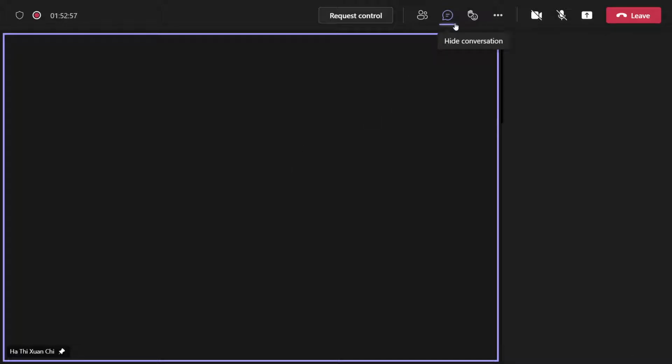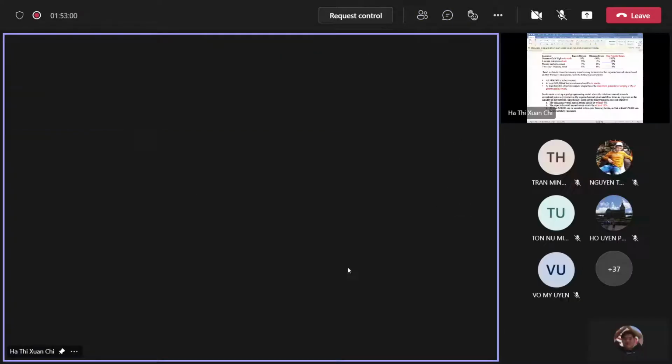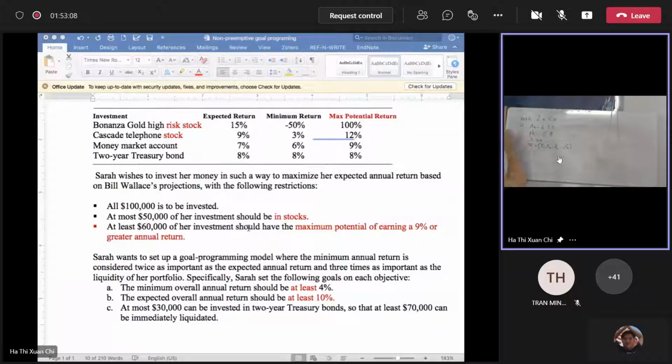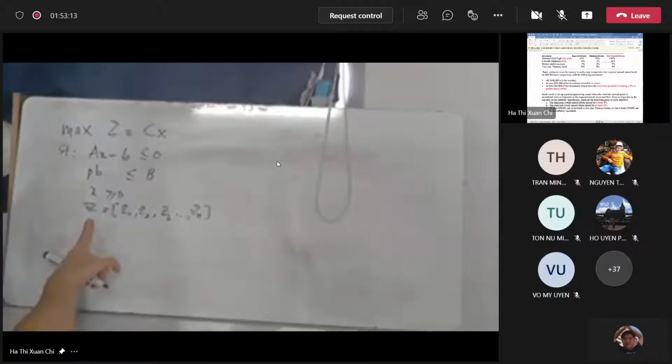So Z here means we have Z1, Z2, Z3, because that is a multi-objective problem. So we can find the solution for each one.